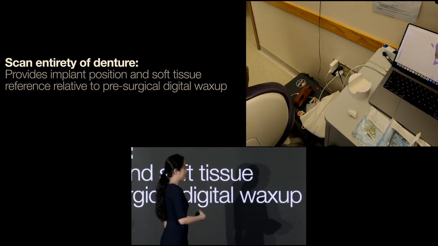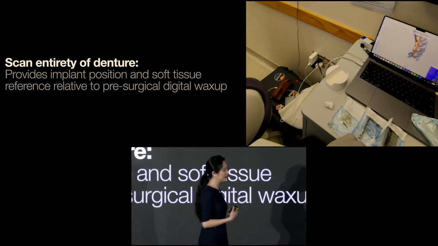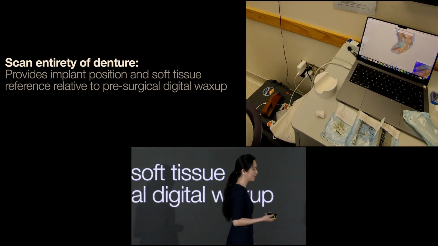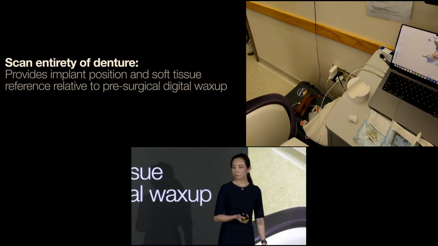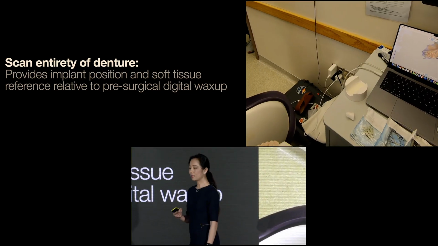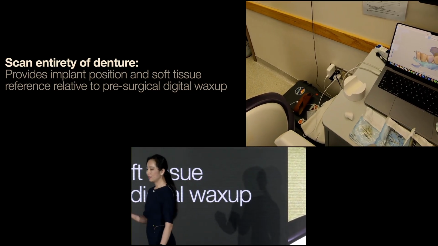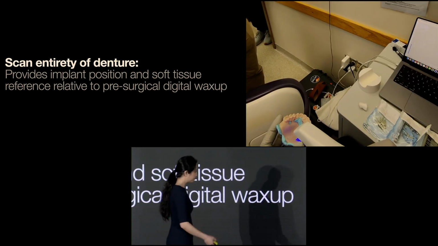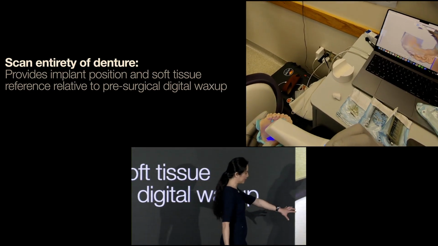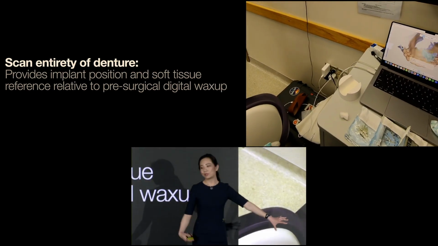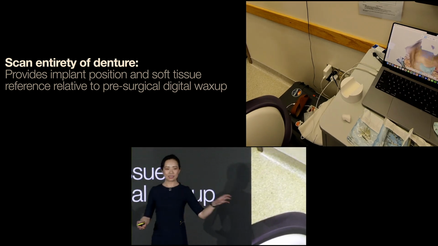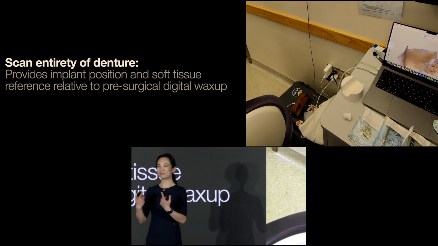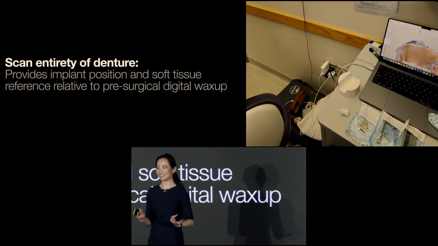From there, you scan the entirety of the denture so that they can merge it back into the original wax-up pattern, based on the original teeth setup or whatever markers are available at that point. But in this case, I'm scanning in a monolithic denture to make sure that these teeth will actually merge back with the wax-up teeth in exocad.